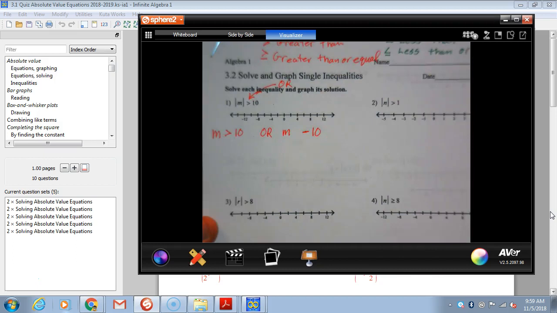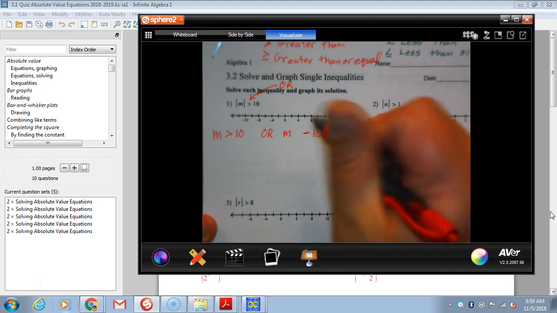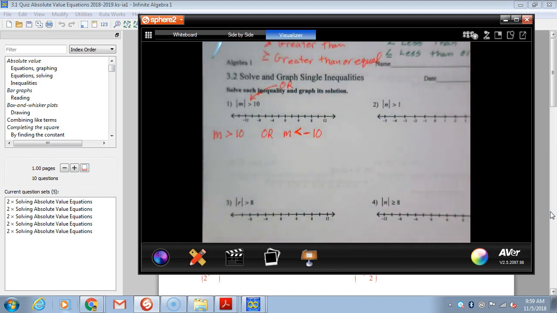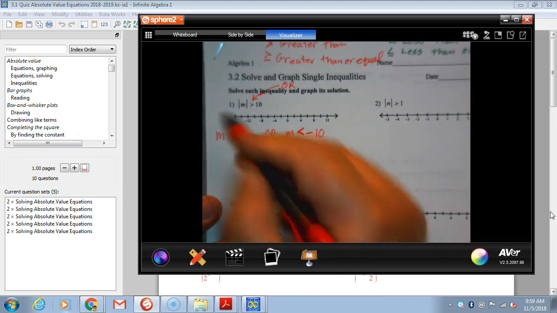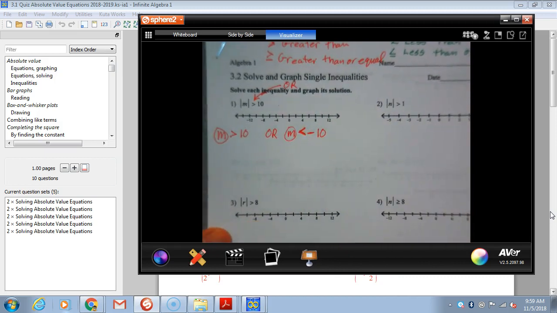But this time when I make it a negative number, I'm actually multiplying it by negative 1, so I have to do what to the sign? Flip it, yeah. Now I've got 2 inequalities to solve. Actually, I have n by itself on both sides, so there's nothing more to do.